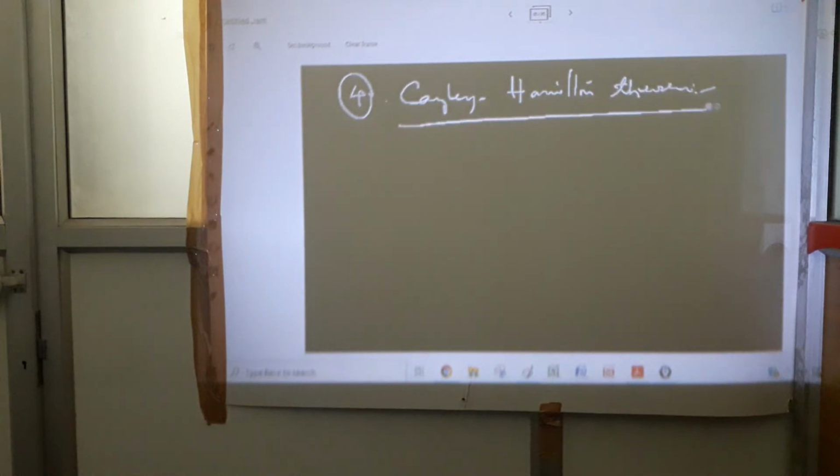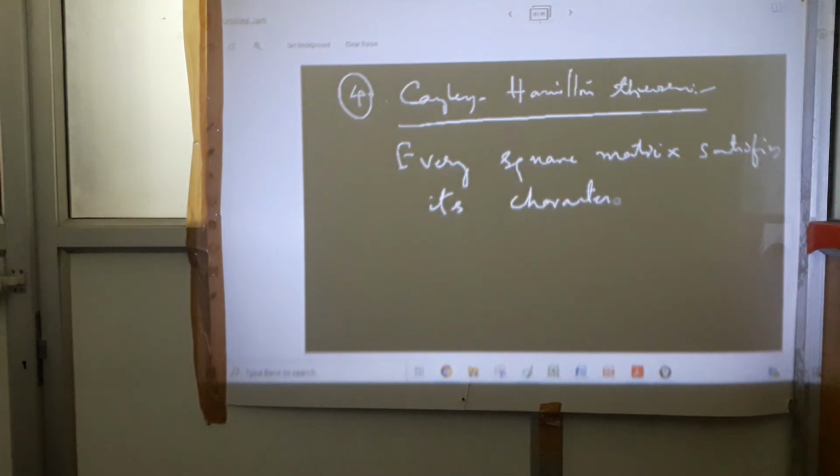And the fourth topic is about the Cayley-Hamilton theorem. Every square matrix satisfies its characteristic equation.